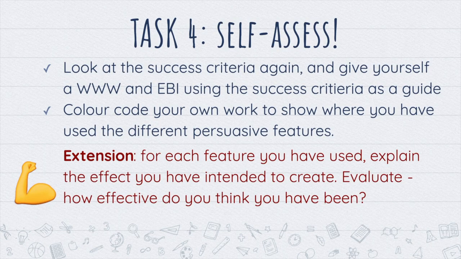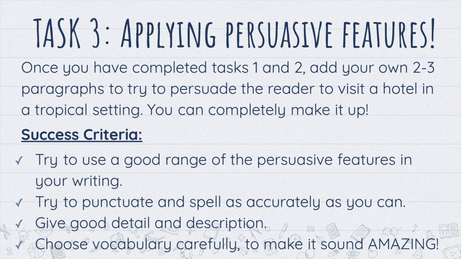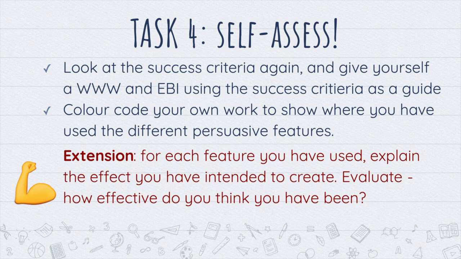So once you've done that, then is the chance for you to take a step back, have a look and practice that proofreading of your work. So what I'd like you to do is have a look at the success criteria that you used when you were writing your persuasive paragraphs and see how well you think you've achieved those different things, each of the bullet points. So I'd like you to give yourself an overall what went well and even better if based on the success criteria.